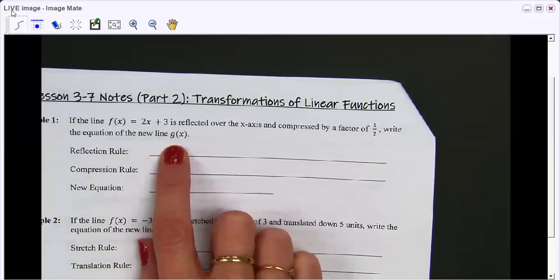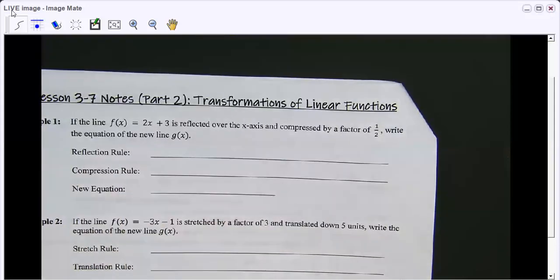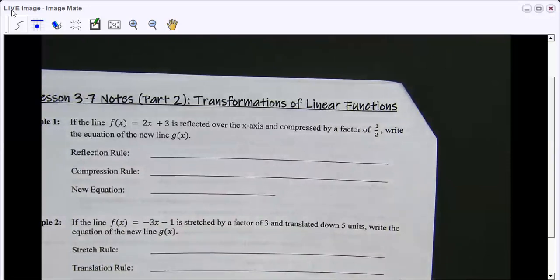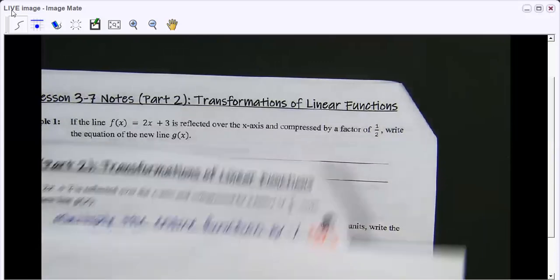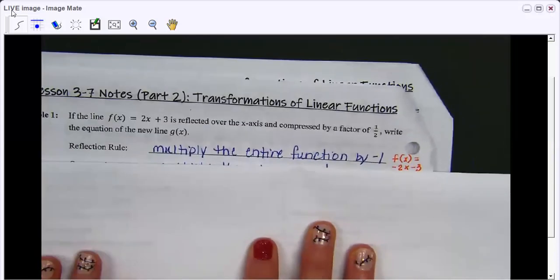Okay. So what is the reflection rule that we know? What do you have to do with the equation when you reflect it over the x-axis? Anyone? Multiply everything, the entire function, by -1. Okay.